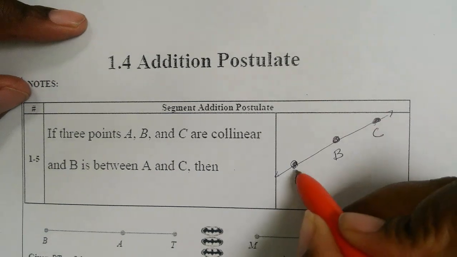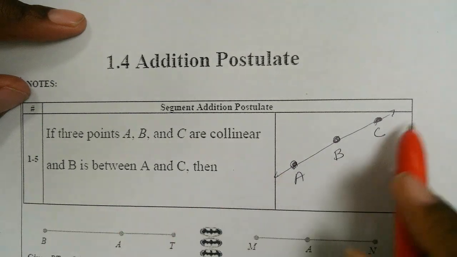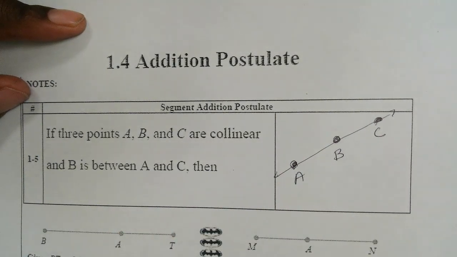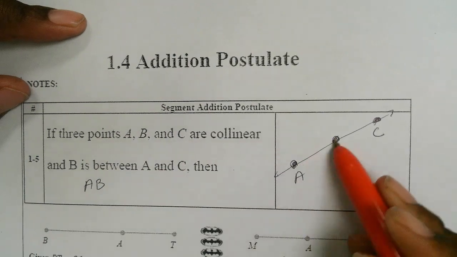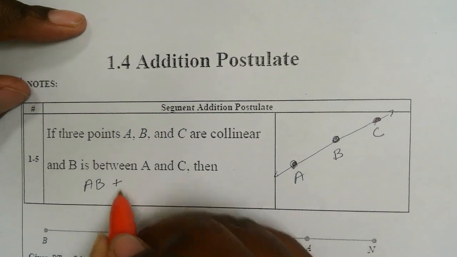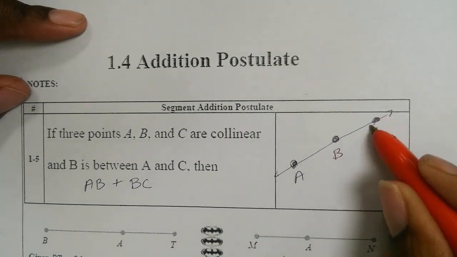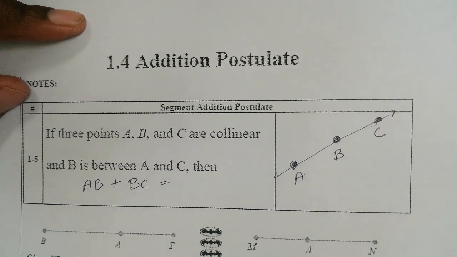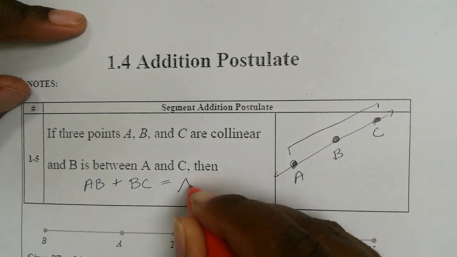So A, B, and C, if 3 points are collinear and B is between A and C, then what my postulate says is that segment AB, which is this part right here, plus segment BC, which is this part right here, will be equal to the entire segment, which is AC.